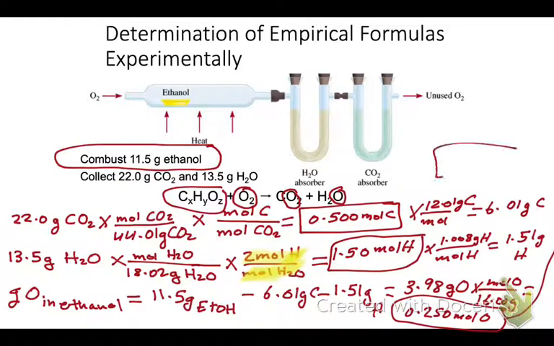So I have 0.250 mole of oxygen. So now I know all the moles of the three elements. I'm gonna have to divide by the smallest. So with a different color, let's divide by the smallest, and the smallest will be the oxygen.